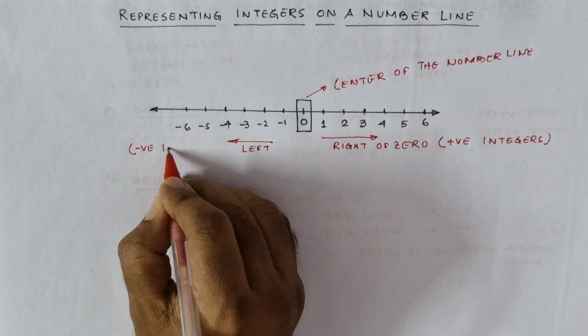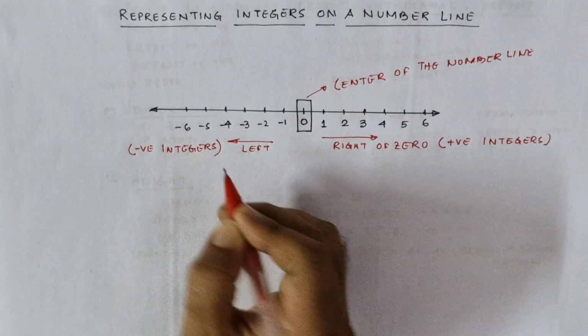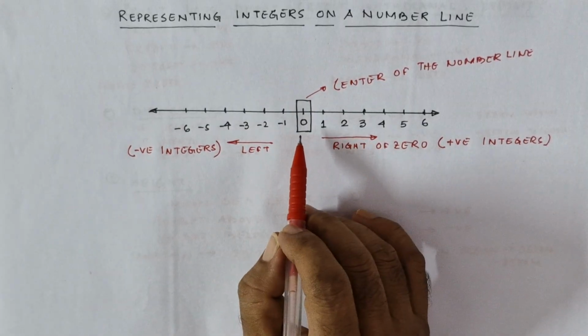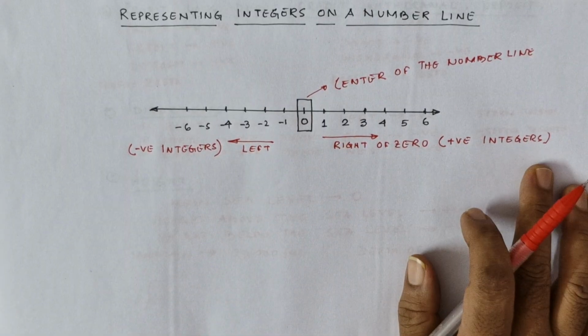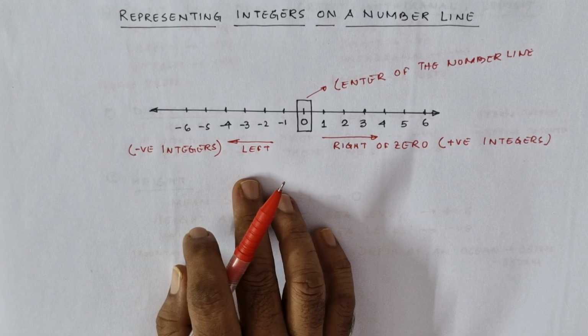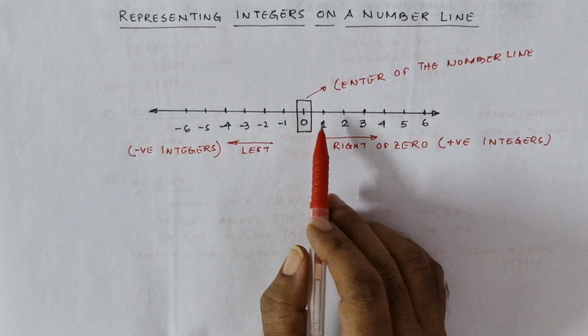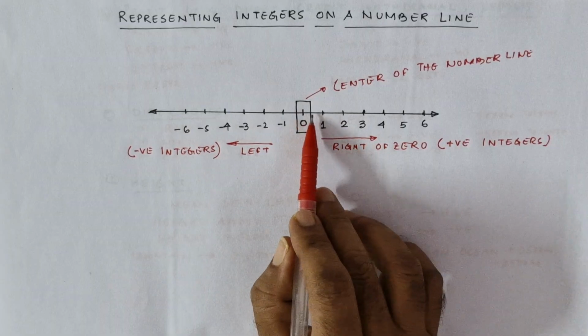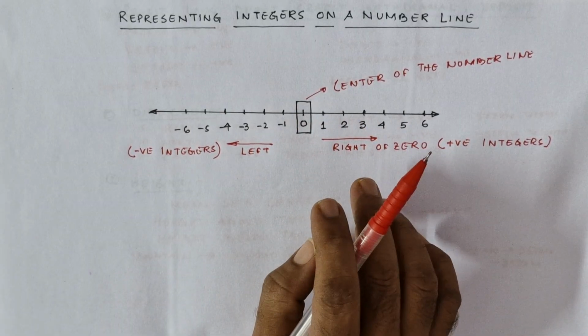Negative integers are on the left of 0. So 0 is the center of the number line. On the right of 0 lie positive integers and on the left lie negative integers. Please remember, students, when you are marking, you should mark the integers at an equal distance. So take a scale and do not make this mistake.